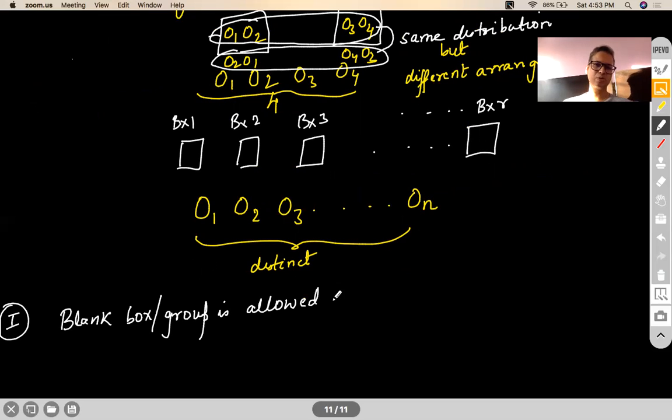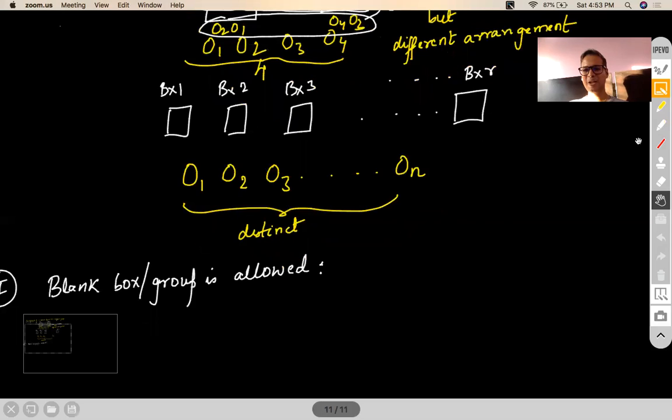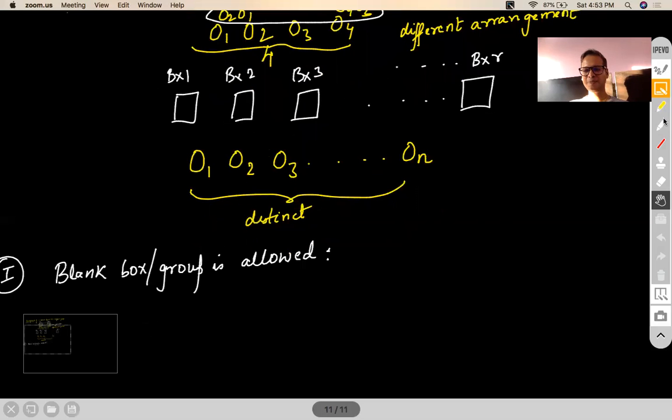How will you solve this question? It's not going to be complex at all. Arrangement cases, trust me, are easier than distribution cases.